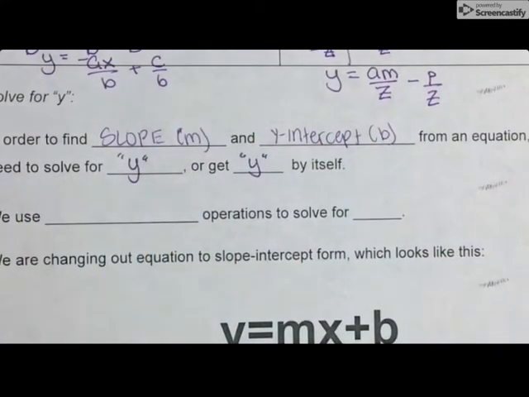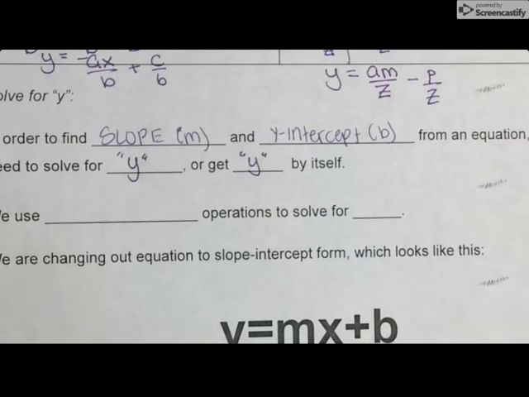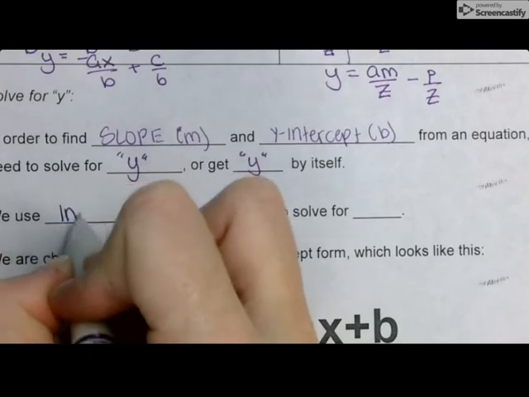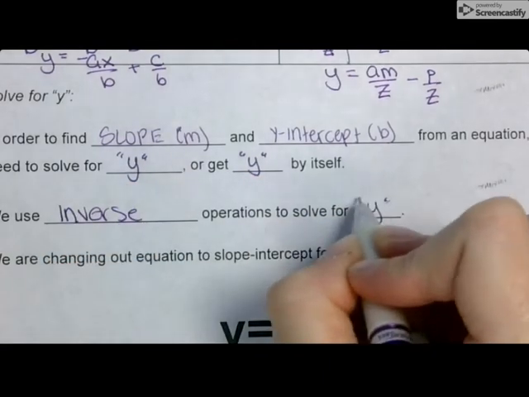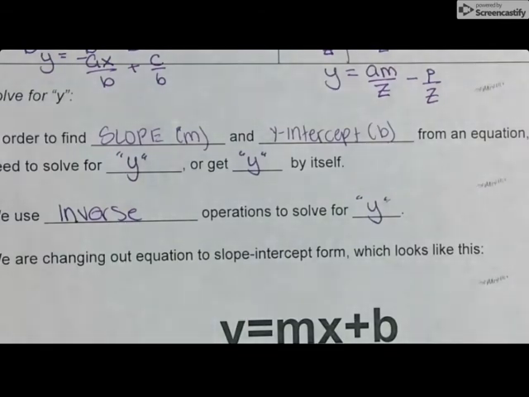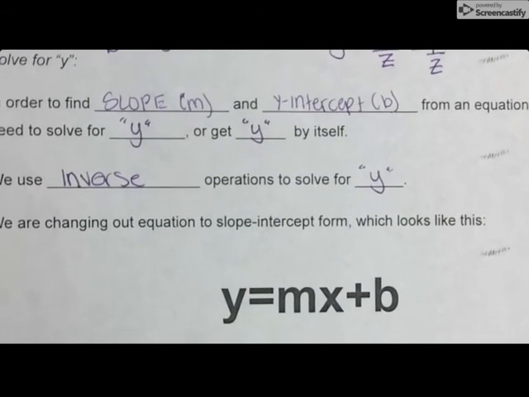If you notice, both examples in number one, I wanted you to solve for y. That's why. We need to use inverse, right? The opposite operations to solve for y. We need to use inverse operations to solve for y.